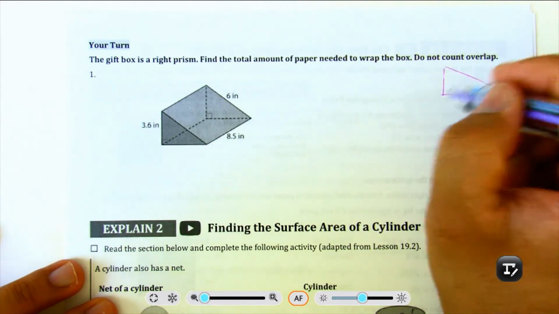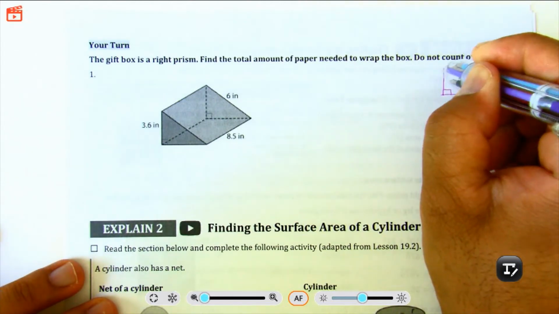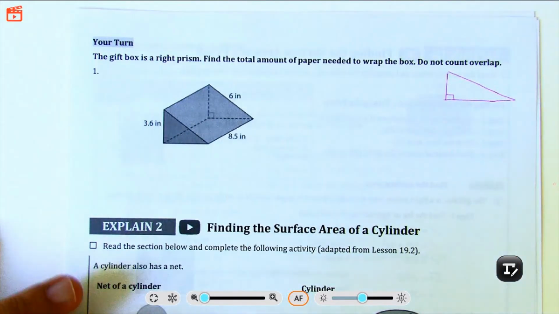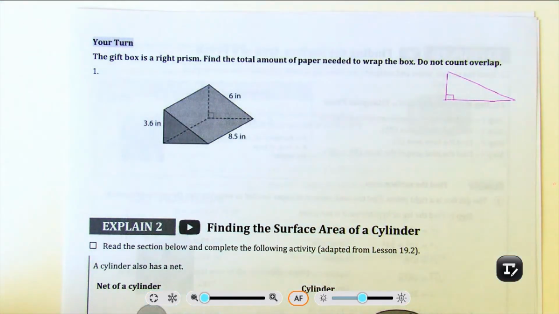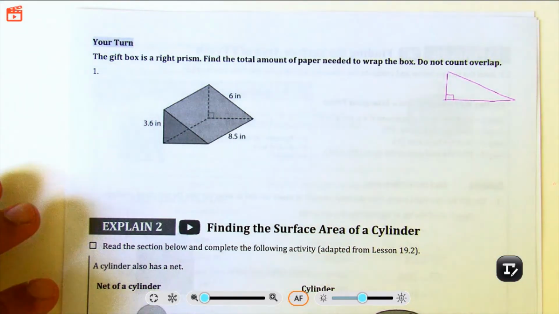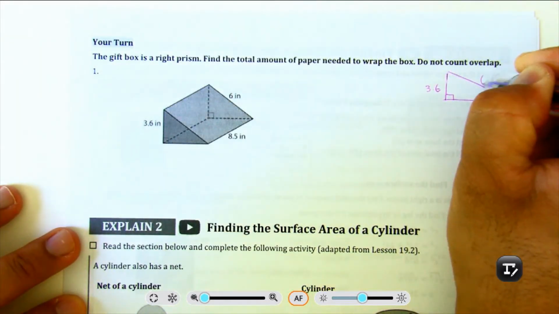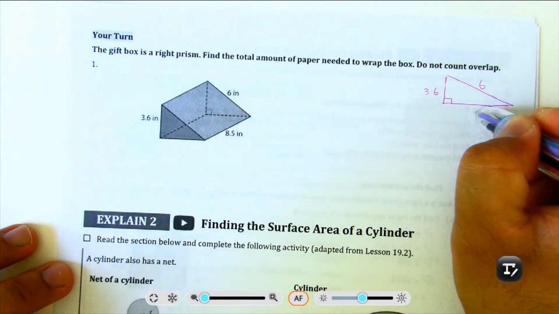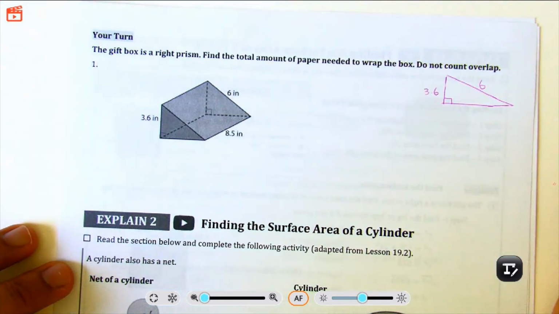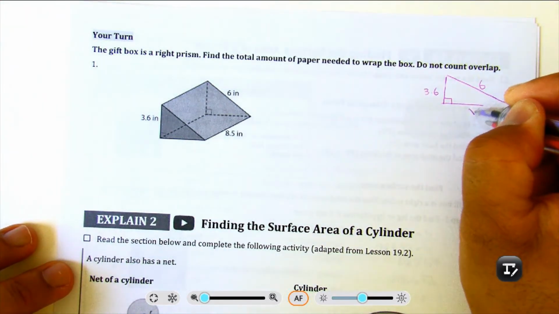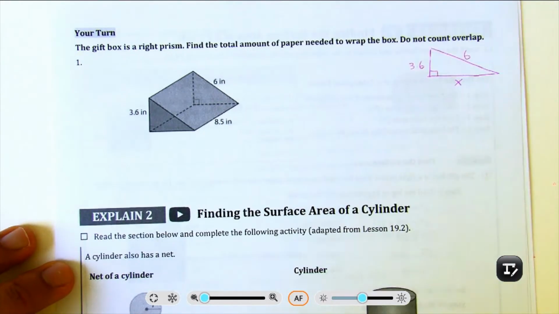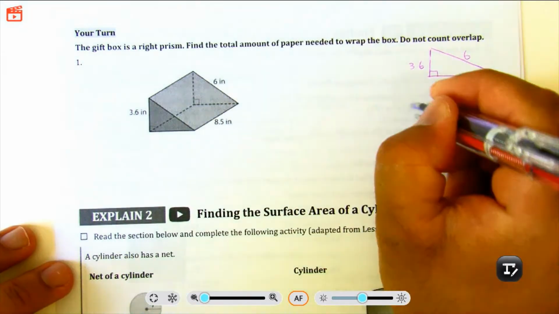If we look at this triangle, this side is 3.6, this side is 6, but we don't know what this side is. So I'm going to call this x. I can use the Pythagorean theorem to help us find this. So x squared plus 3.6 squared is equal to 6 squared.